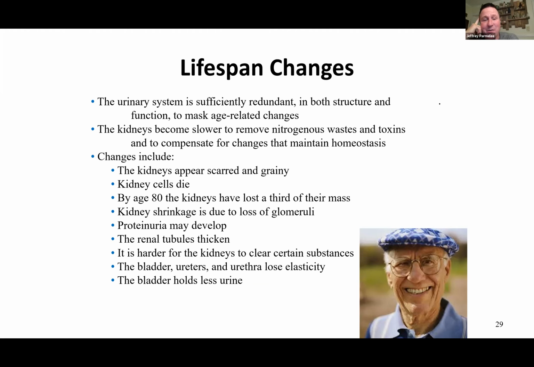And there's some of that, of course. But the kidneys, especially looking at it pharmacologically, drug dosages are different depending on your age. As you get older, your kidneys don't have the ability to clear substances like when you're younger. It shrinks by age 80. Kidneys have lost a third of their mass.